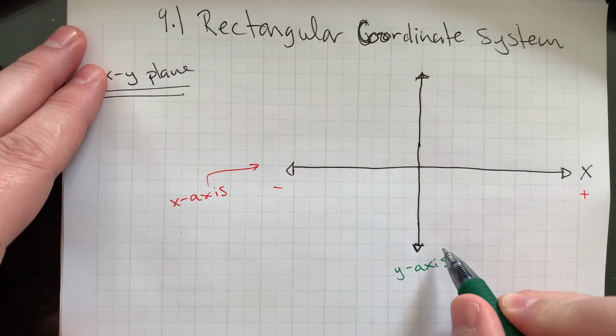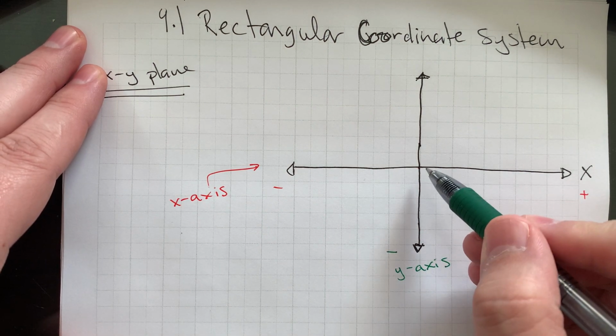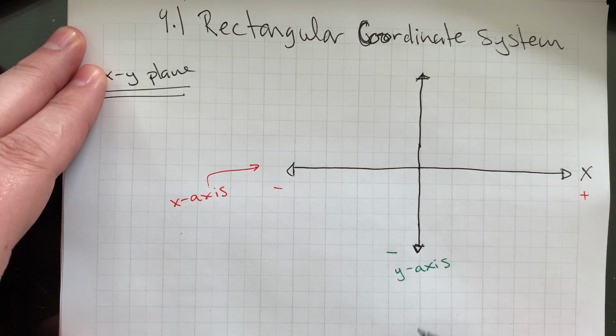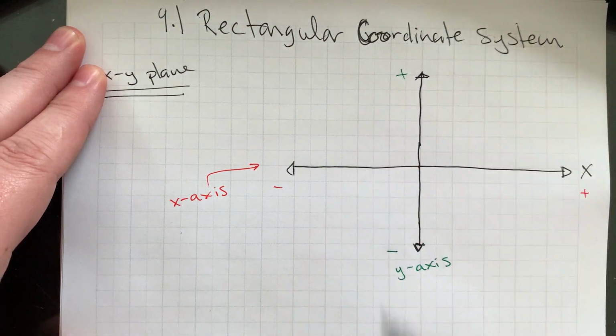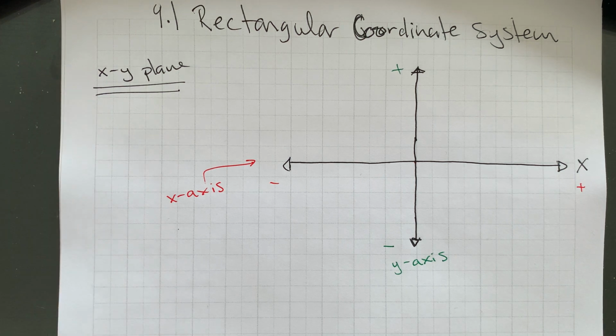The y values from center, if you go down, will be negative. If you go up, you will get bigger and bigger positive values. So this breaks this into 4 different regions, what we call 4 quadrants.